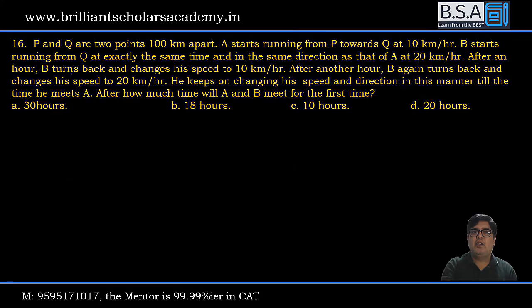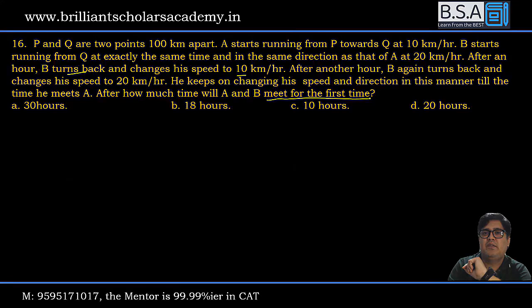B turns back and changes his speed to 10 kmph. After another hour, B turns back and changes speed to 20 kmph. He keeps on changing his speed and direction in this manner till the time he meets A. After how much time will A and B meet for the first time?